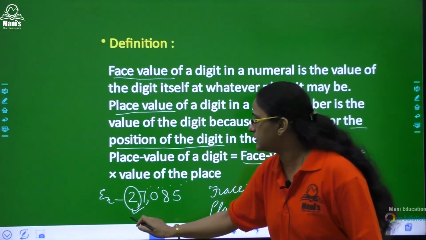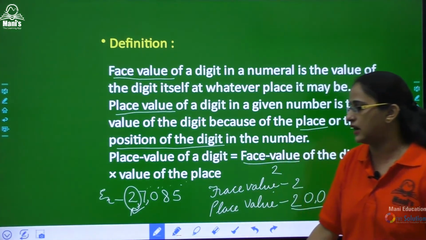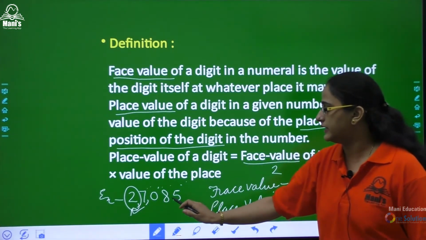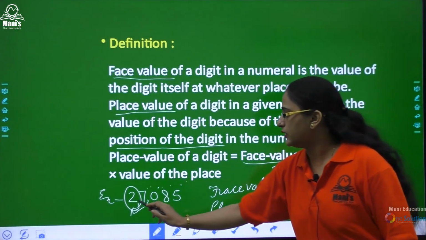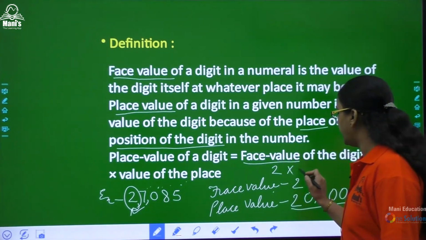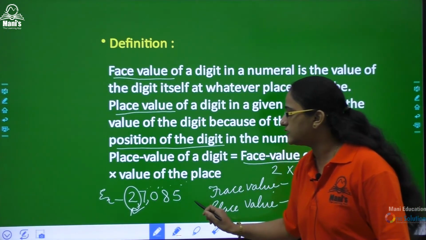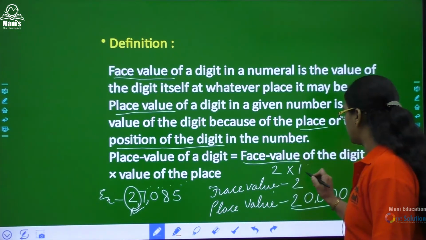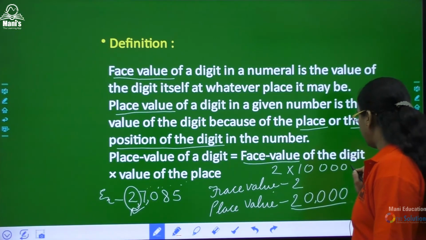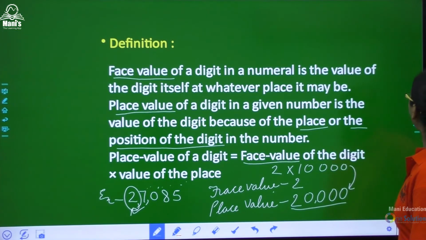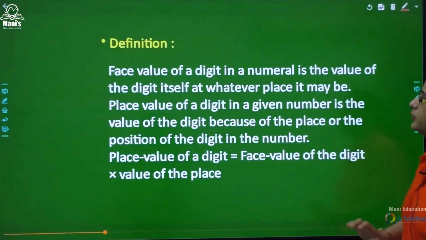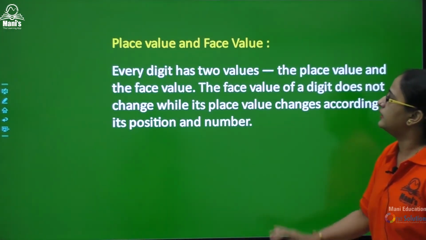It is in the place of 10,000, which we will discuss afterwards. It's ones place, then 10, then 100, then 1,000, then 10,000. So in that place you write 1 and write down the other digits along with the 0. So we write 10,000 and we get the answer 20,000. I think you all have understood the difference between the face value and the place value.